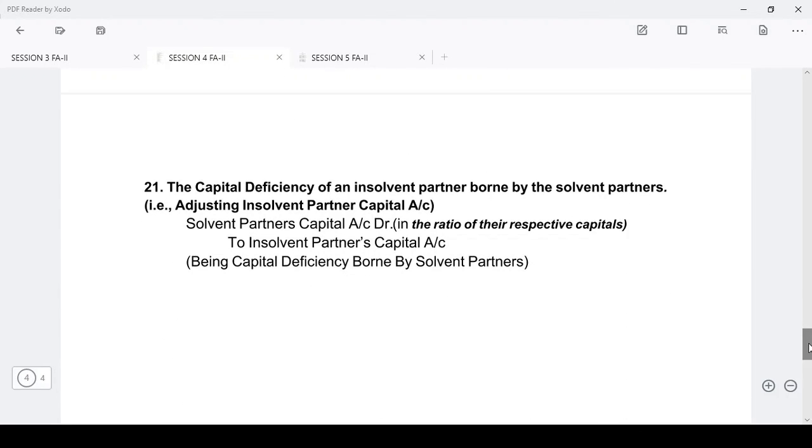After these two, remember the second decision of Garner versus Murray states the deficiency of an insolvent partner should be borne by solvent partners in their then standing capital ratio. Then what would be the entry for the capital deficiency distribution? The entry would be the solvent partners' capital account debit to insolvent partner's capital account. So the narration is: capital deficiency borne by solvent partners.